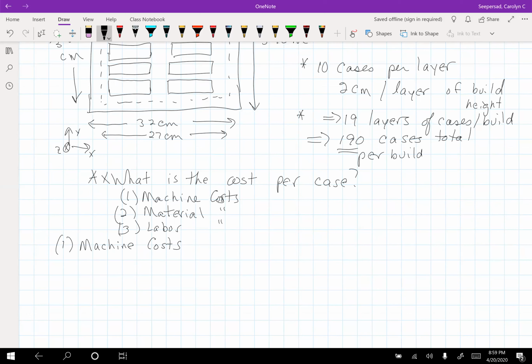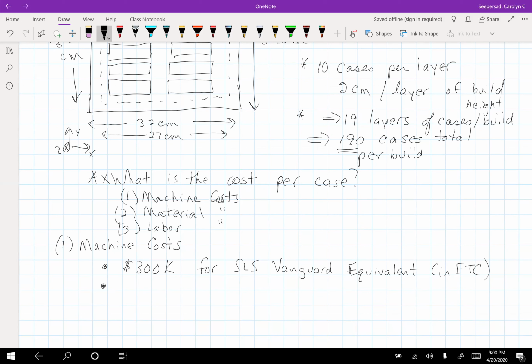Okay. So we had just said that an SLS Vanguard machine that we have downstairs is about $300K, right? And that's the one that we have in ETC, on our ground floor. So that's the first thing we have to think about.